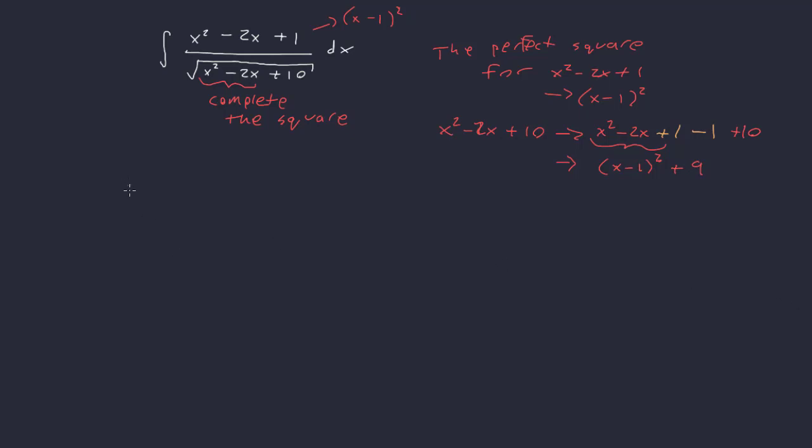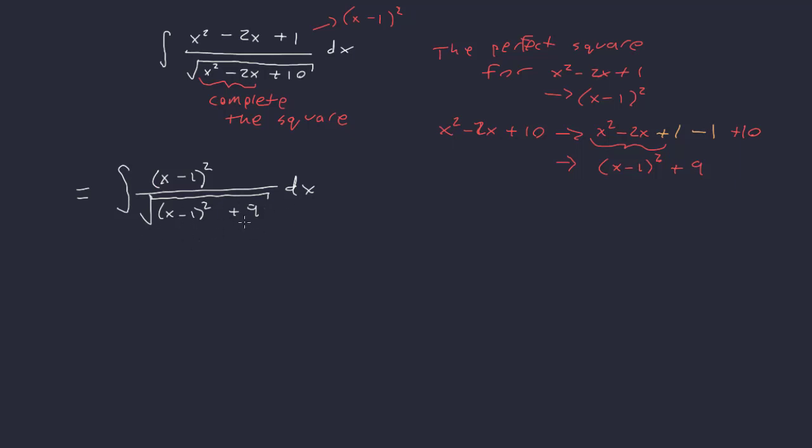All right, so after completing the square, I'm also going to factor the top. Our integral is going to become x minus 1 all squared all over the square root of x minus 1 squared plus 9. Now we are in business.